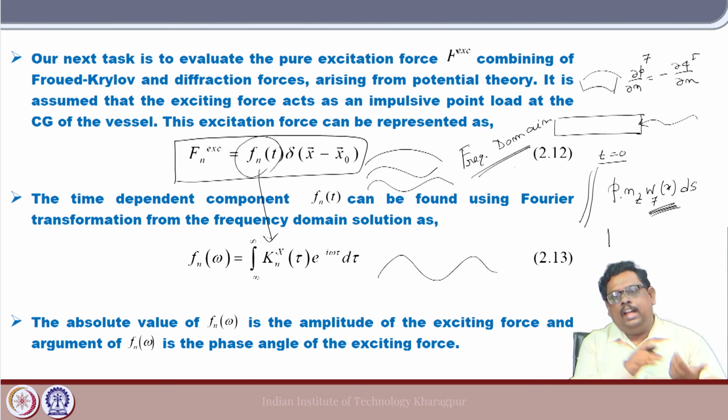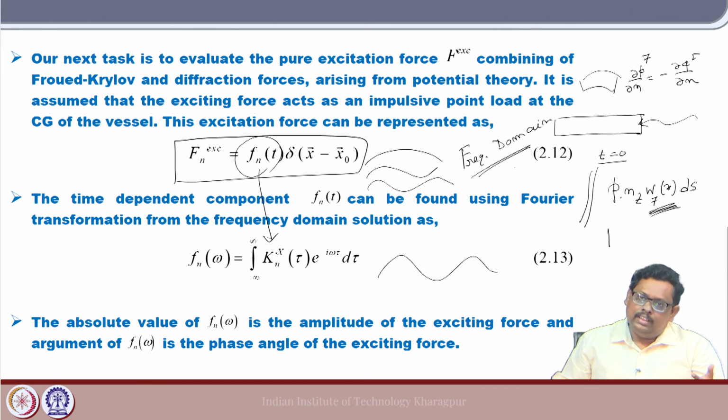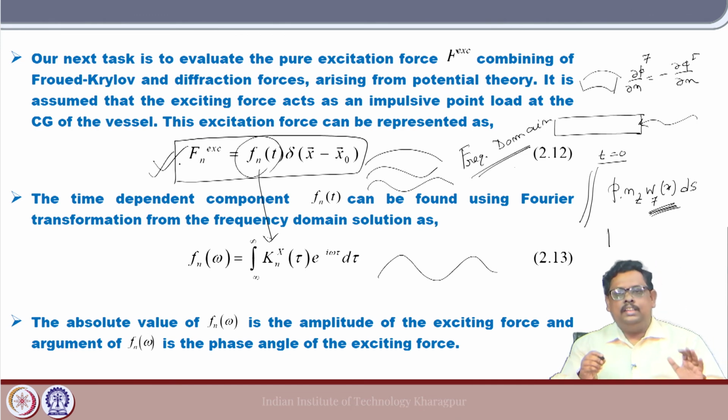Now, for zero speed, the only difference between time domain and frequency domain is the Fourier transformation. So I have the frequency domain data, I do the Fourier transformation, and then I can get the time domain data. This is how we can get the time dependent exciting force.